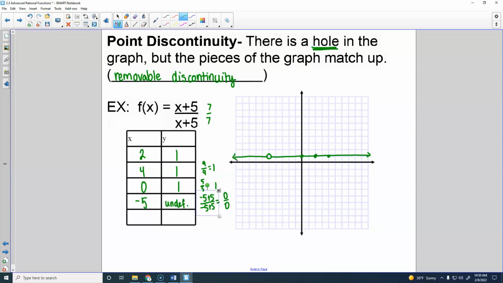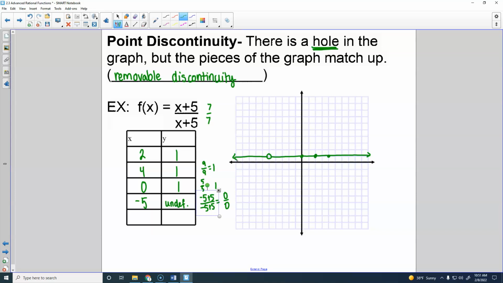All the way up to negative 5, so at negative 5.00001 or at negative 4.99999, it still equals 1. But if you ever get to exactly the point negative 5, it's undefined.